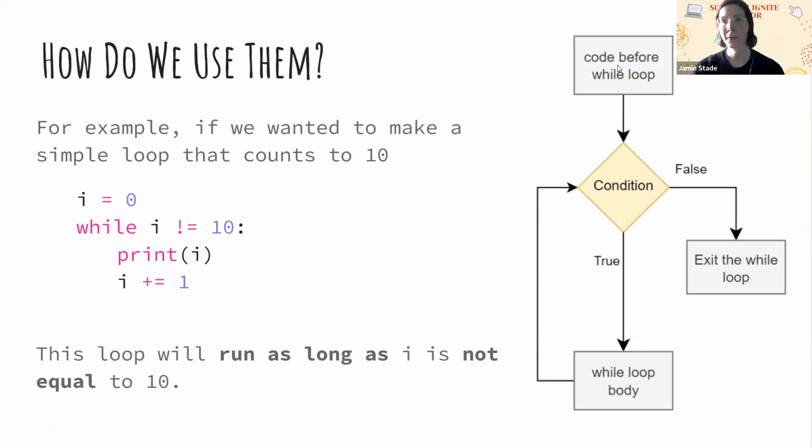We do whatever code comes before the while loop, then we have some condition here. If the condition is true, go through the body of the while loop, and then go back to the condition. If it's true, go through the while loop, go back to the condition, and so on until the condition is false. And once the condition is false, then we exit the loop and go on to whatever's next.